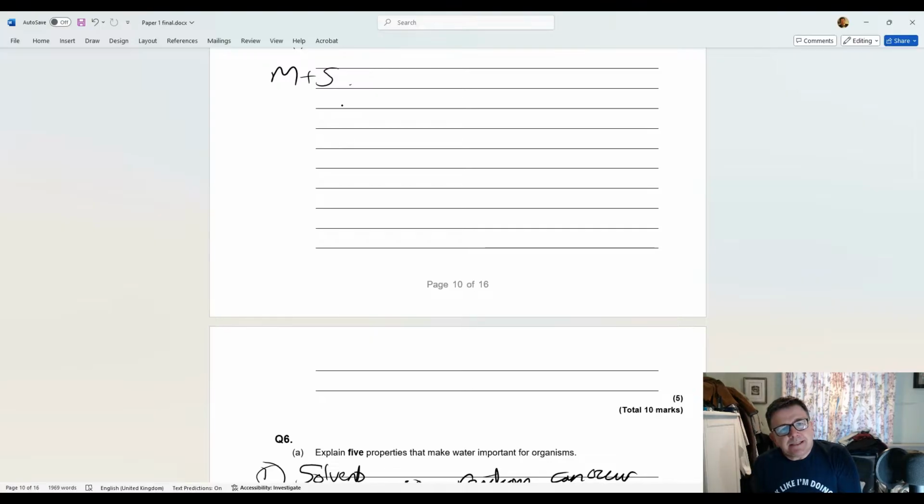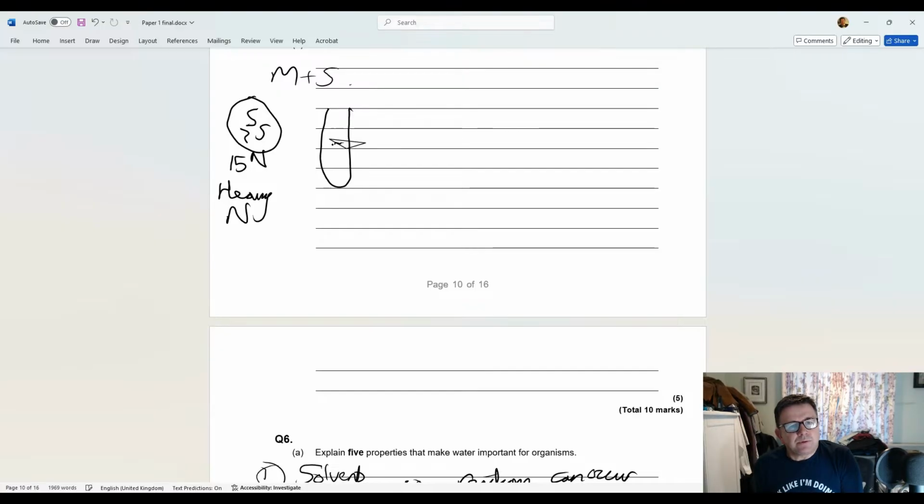So what they did is they took a Petri dish and grew some bacteria in it, with 15N, which is heavy nitrogen. So it's a heavy isotope. Then they centrifuged it and they found the 15N strand like that.